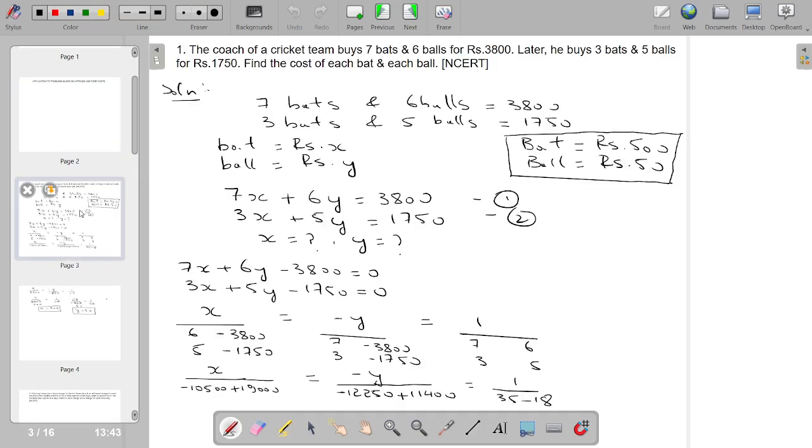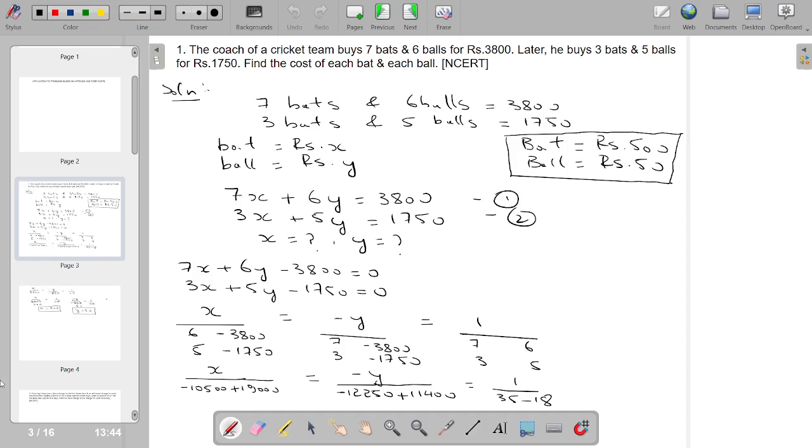Here articles means these cricket bats and balls. Price has been given for so many bats and so many balls. That's why these problems come under the application of articles and their costs. So this is all about this problem.